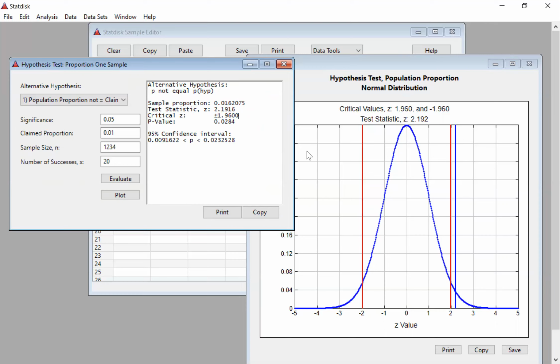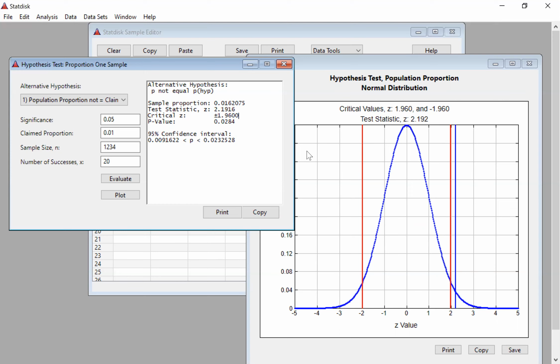By hitting plot, we see that normal distribution. And where the red lines are, those are your critical values. If our test result falls outside in one of those tails, that means that we'd either have a significantly high or significantly low number of successes here, and then we'd make a change from our underlying assumption.